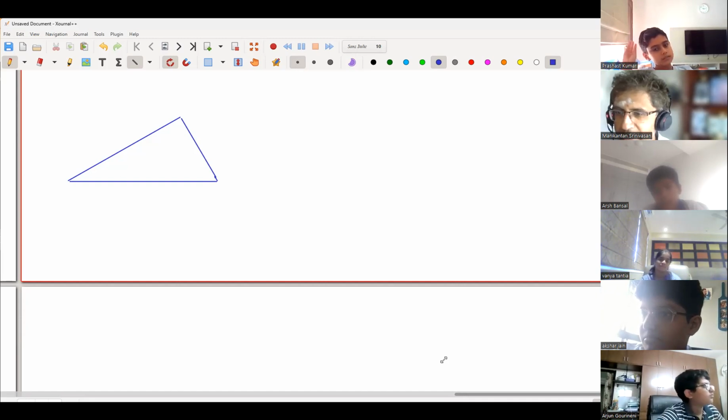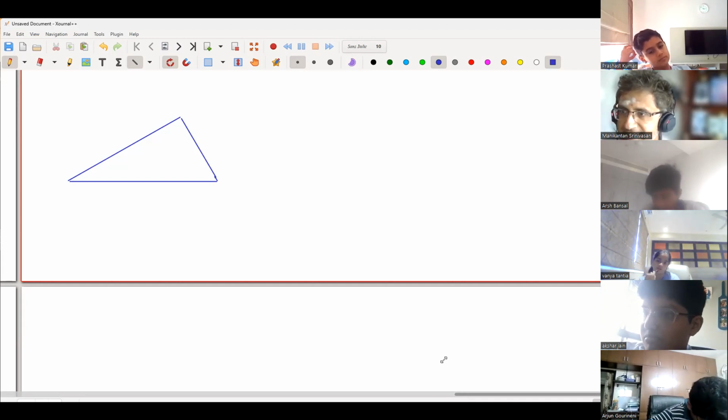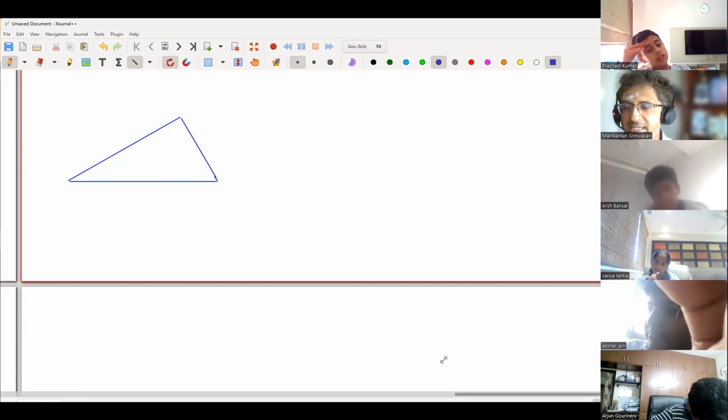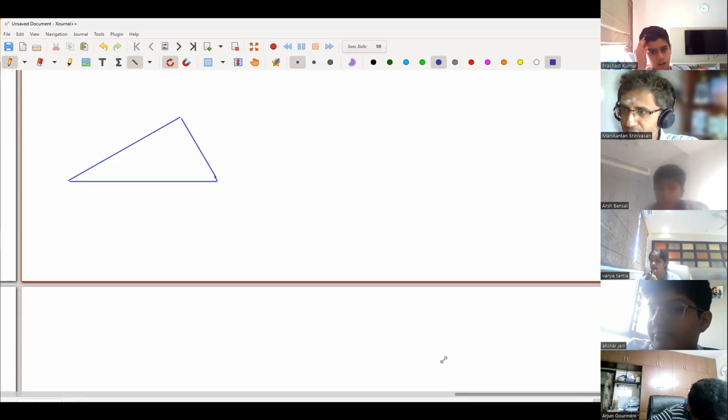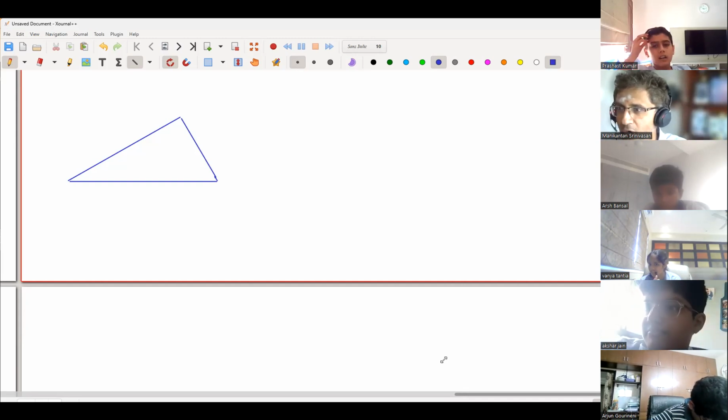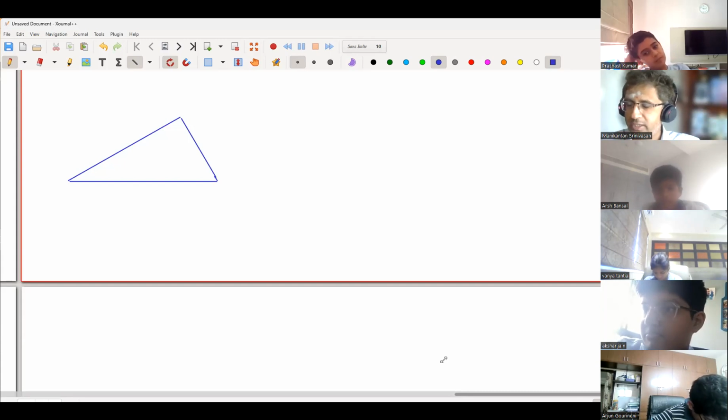So similar. Okay, very simply, Arsh. Similarity means same shape, but size need not be same, right? You say, oh, this kid looks similar to his dad. Means what? He's not the same size, but the shape, features, everything is similar, right? So similarity means the shape will be same, but the size difference could be there.